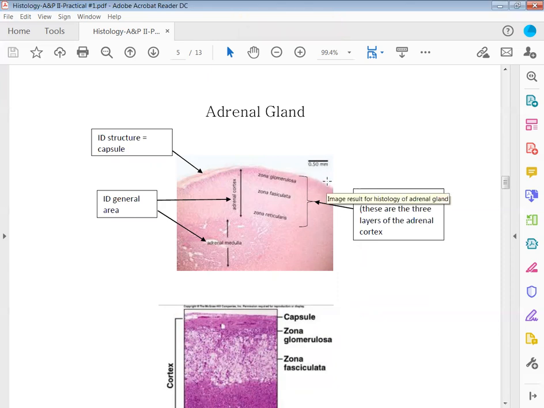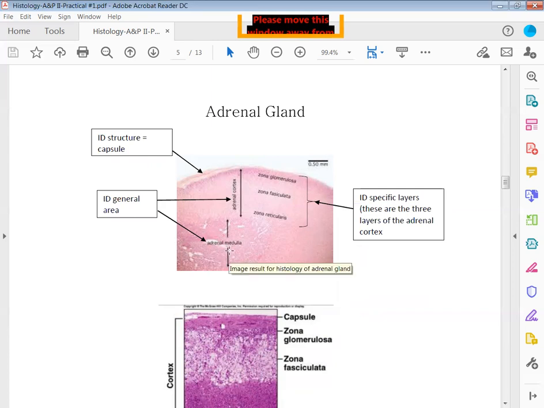Then within the adrenal gland, you have two main or general areas. You have this lighter area up here. This is going to be your adrenal cortex. So all of this area right here is the adrenal cortex. And then you have the very center or the middle of the adrenal gland. This is your adrenal medulla.